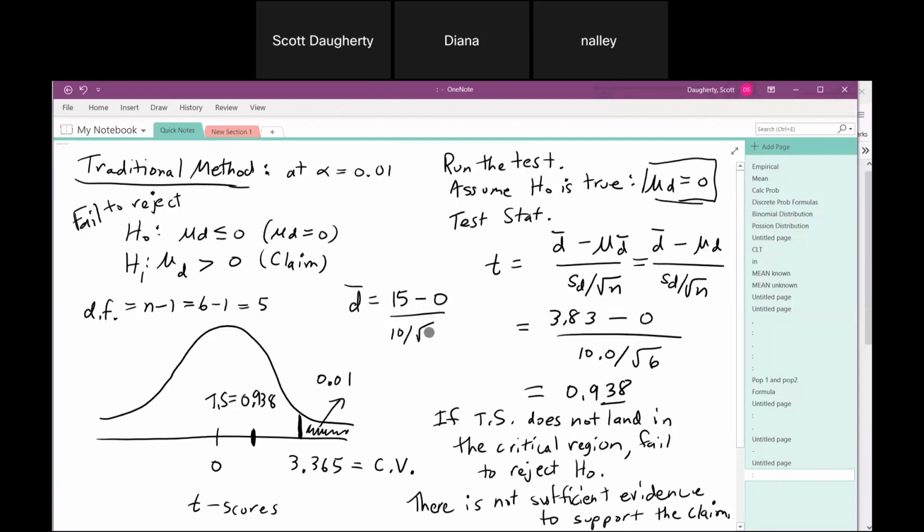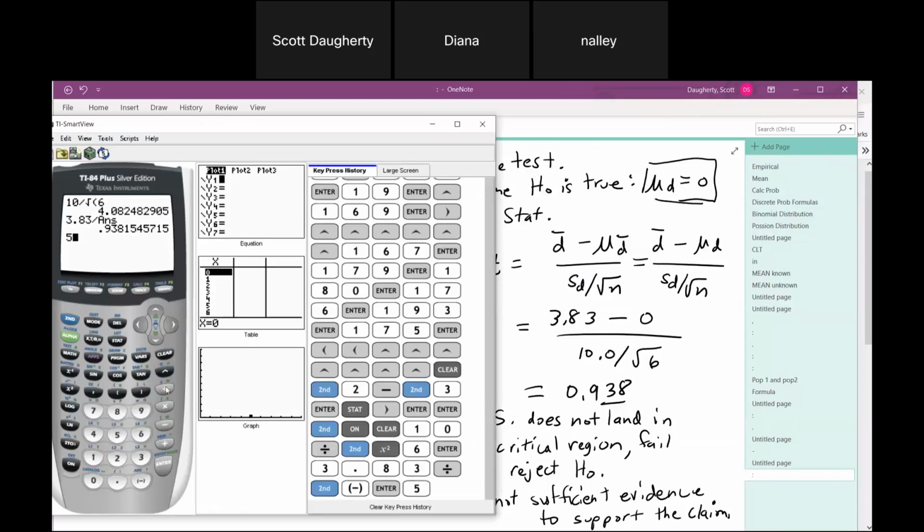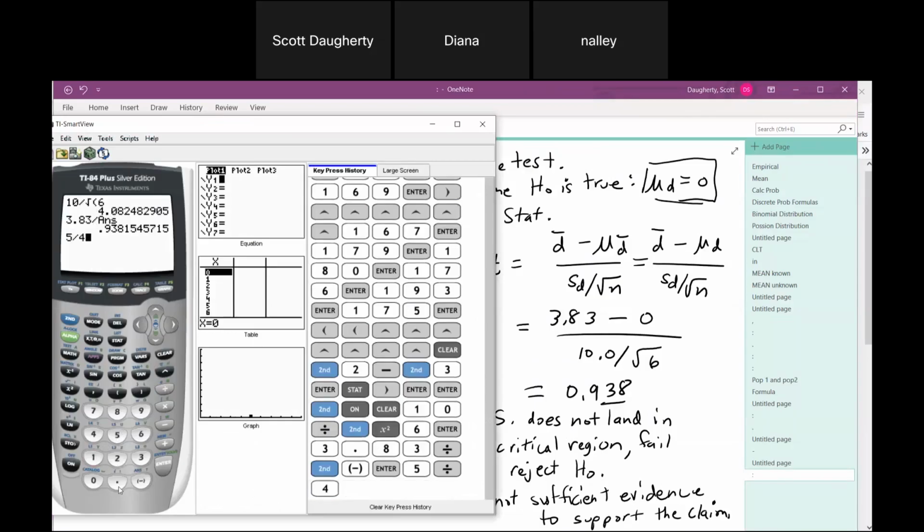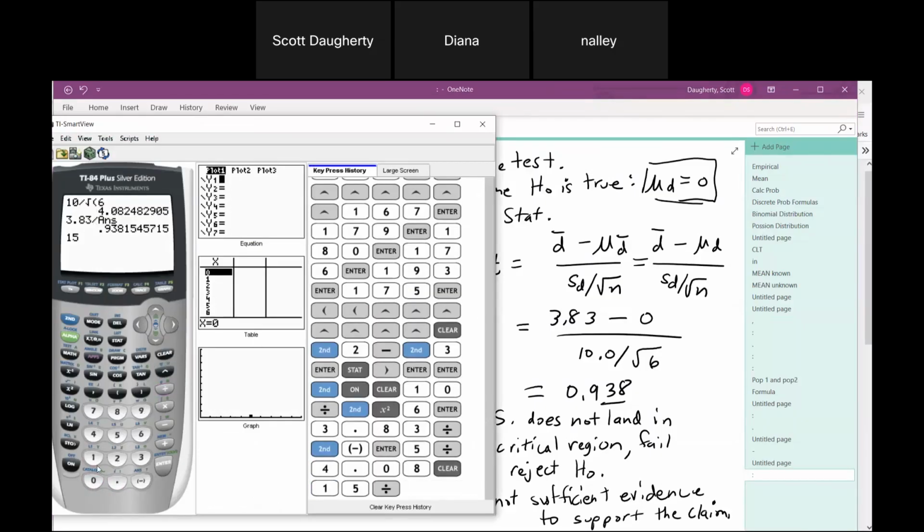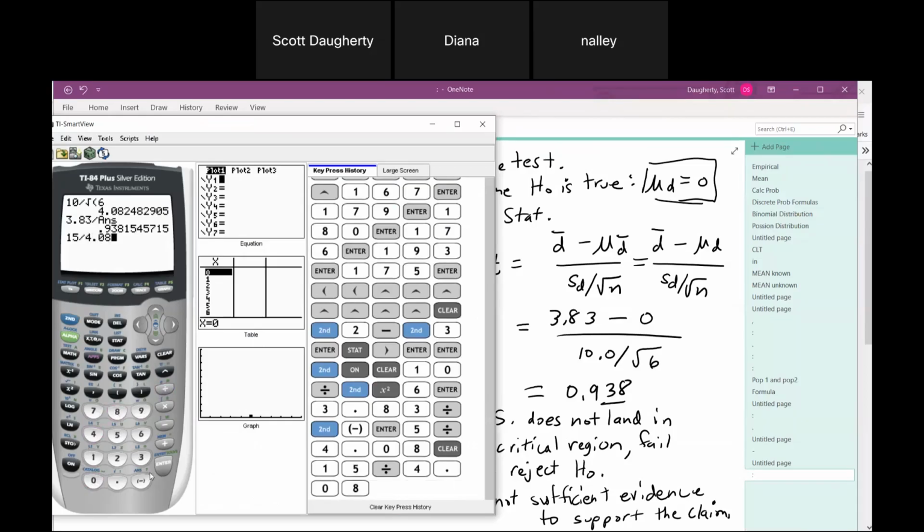Then again, you would have to convert this into a number of standard deviations. So you'd say 15 divided by 4.08, because that's what a standard deviation is. That would have been 3.67 standard deviations away, right?